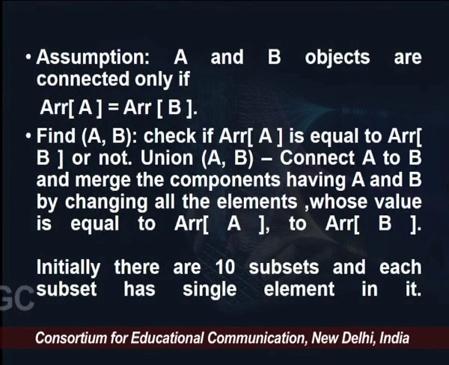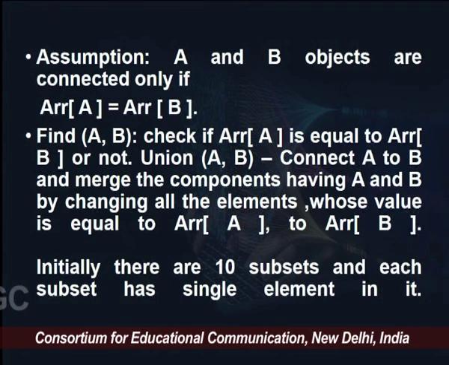There is an assumption in this implementation. We are assuming A and B objects are connected only if ARR of A is equal to ARR of B. How ARR of A becomes equal to ARR of B, I will show you with the help of an example. The next operation is find A comma B, that is, checking if ARR A is equal to ARR B or not.